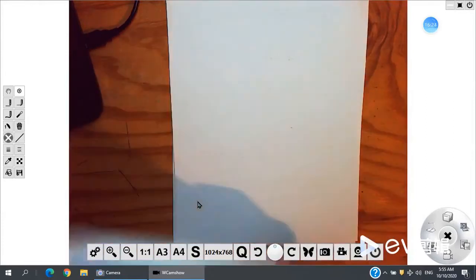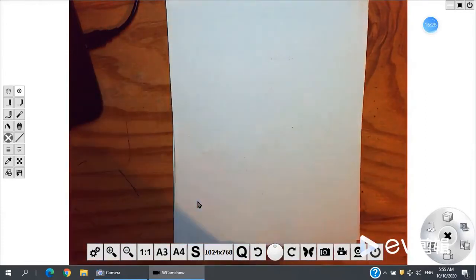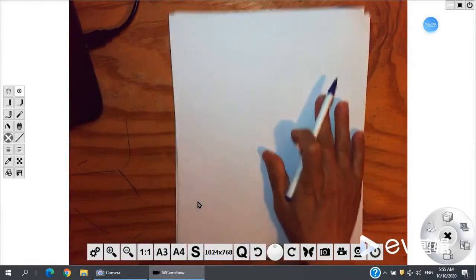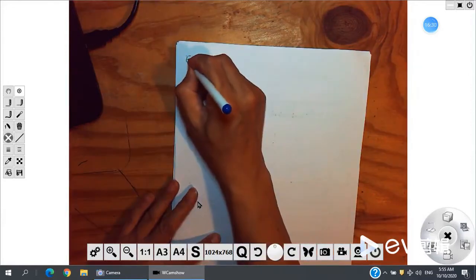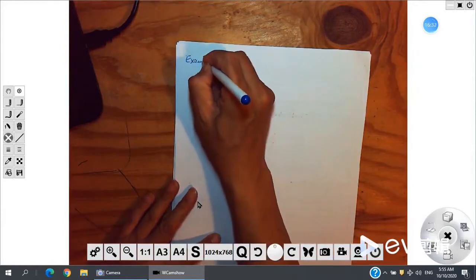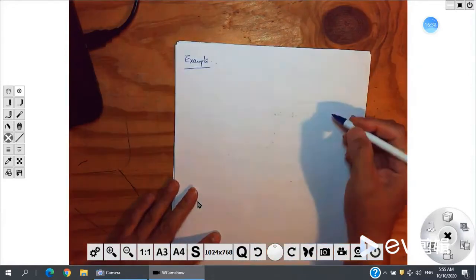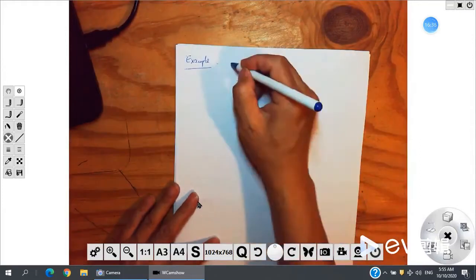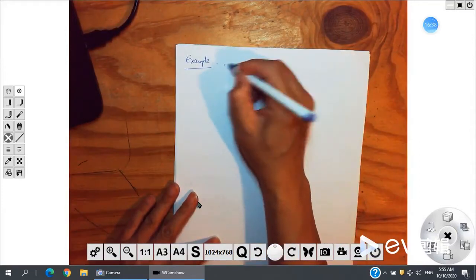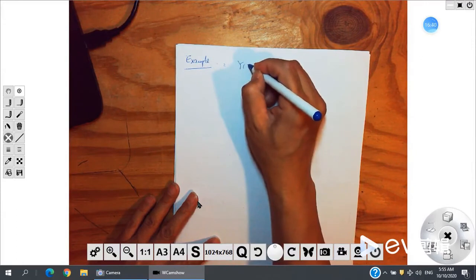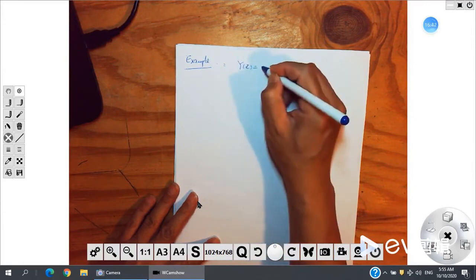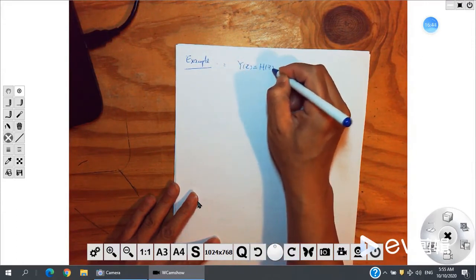Now let's consider another example. For this example, we will apply this rule. We have Y of z equal to H of z times X of z, right?